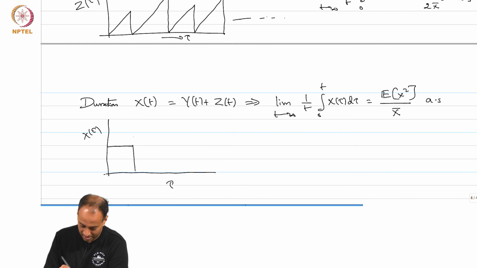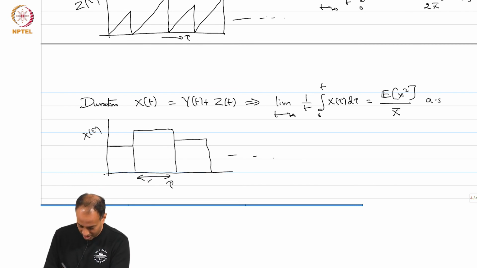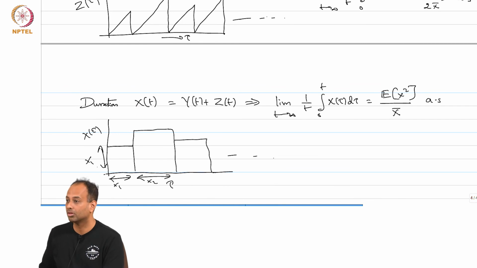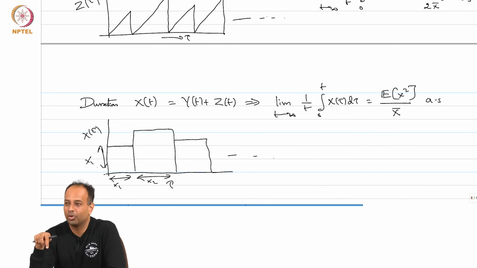So, you will get something like that. This will be x 2, this will be x 1 and so on. So, you are adding the areas of squares instead of isosceles triangles. So, it will be x i squared, and you will get 1 over x bar from the strong law. That is how this comes about.